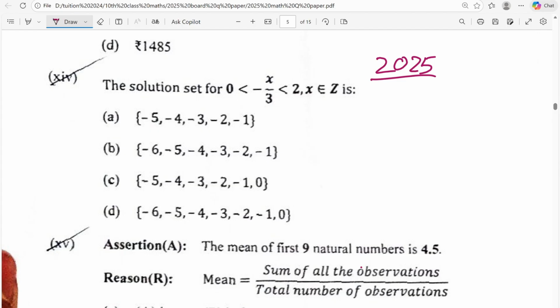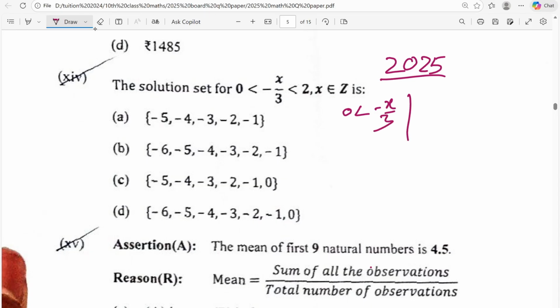This is your 2025 paper. Solve this one. This is 0 less than minus x by 3 and minus x by 3 less than 2. 0 into 3 is 0, so 0 less than minus x, so x less than 0.